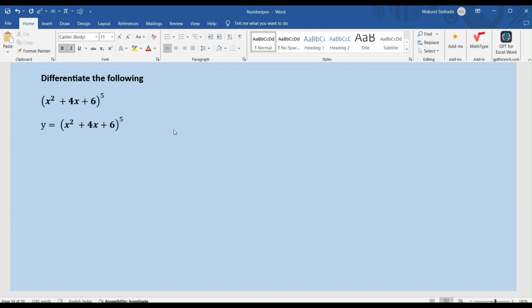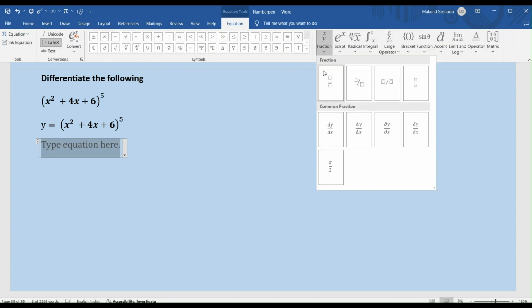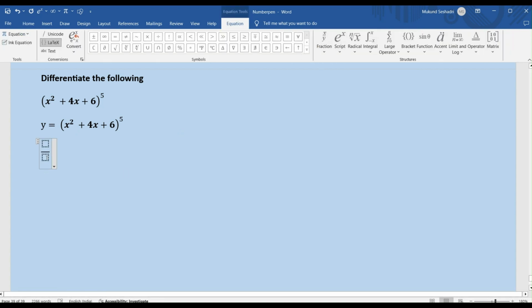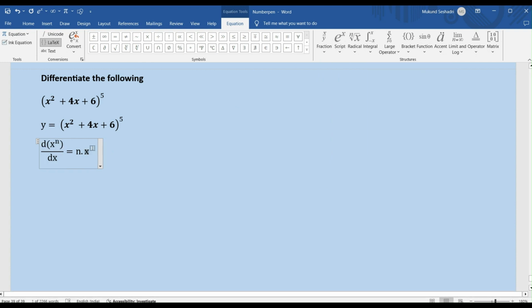We know that d by dx of x to the power n equals n into x to the power n minus 1. Now we have a very similar expression, and instead of x, we have x squared plus 4x plus 6.